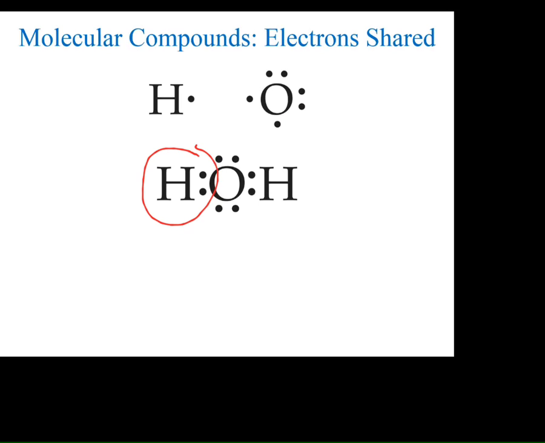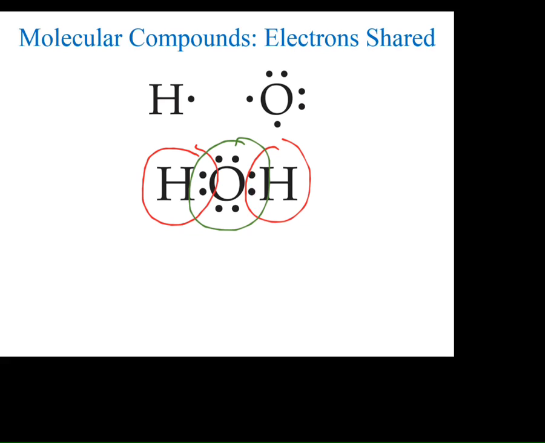So it's just like helium. See that? And oxygen has its 8. So it's just like neon. So in the end, they're all happy. They each have as many electrons by them as the nearest noble gas. But they did it via sharing electrons instead of transferring.